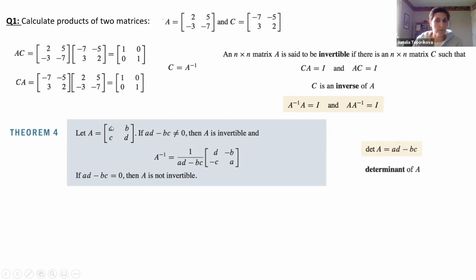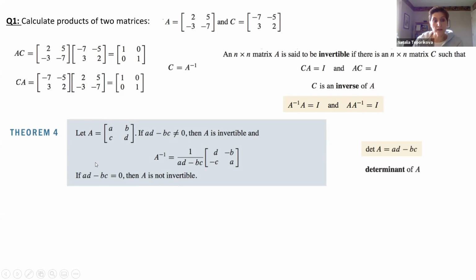You probably heard about it in your pre-calculus class; this is the time to remind you. The determinant is just the product of the left diagonal, A and D, minus the product of the right diagonal, C and B.